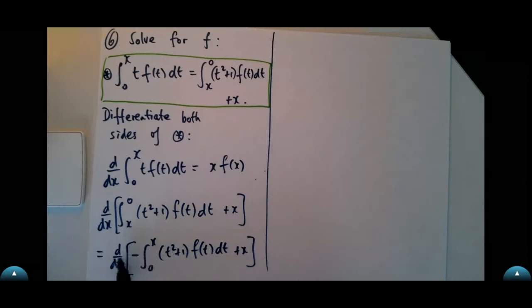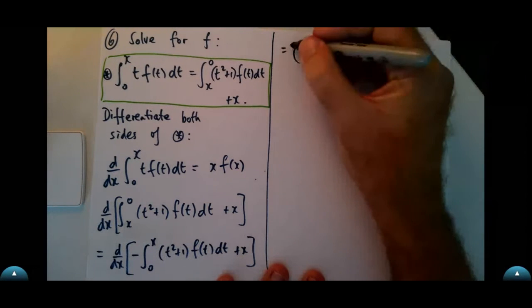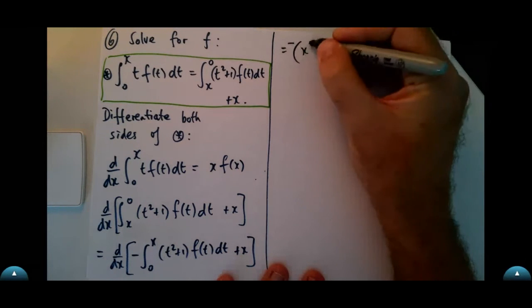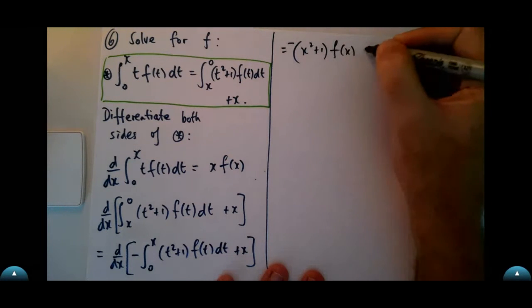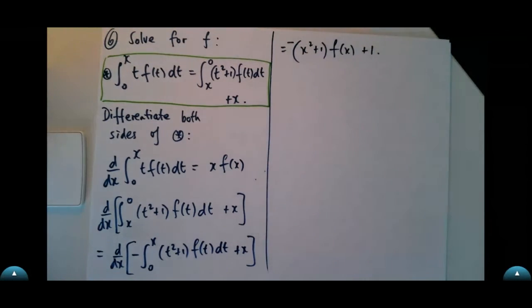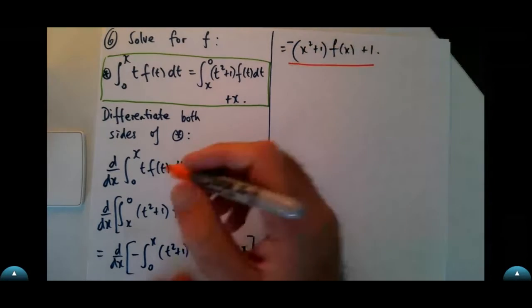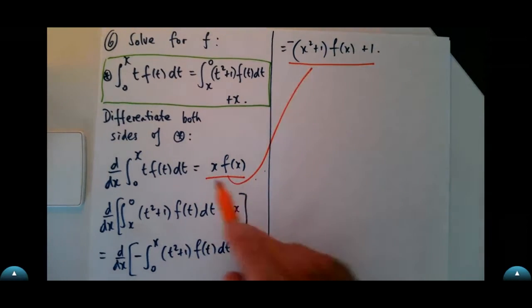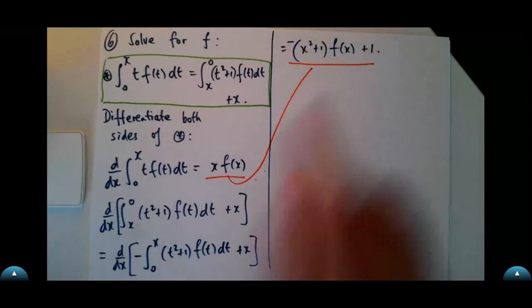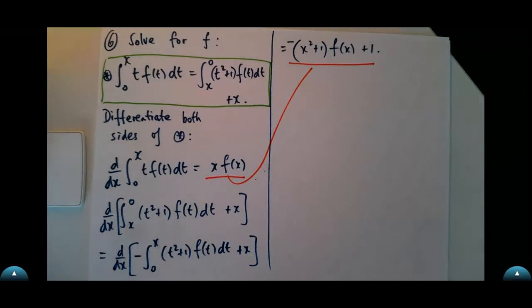So this is going to be negative x squared plus f of x plus 1. That's by the first fundamental theorem of calculus. Now that's your right-hand side differentiated, that's your left-hand side differentiated.